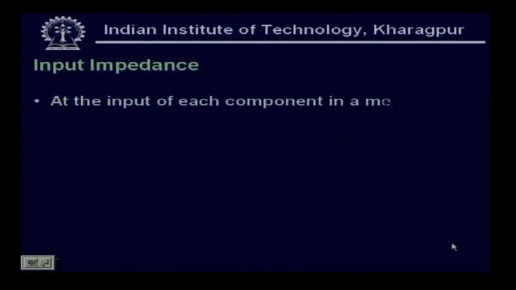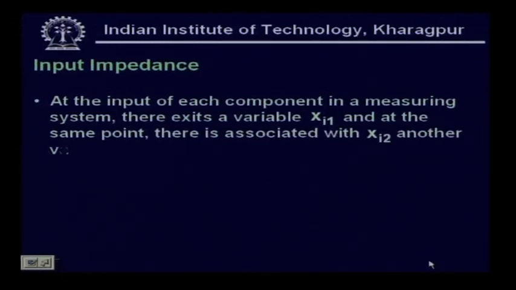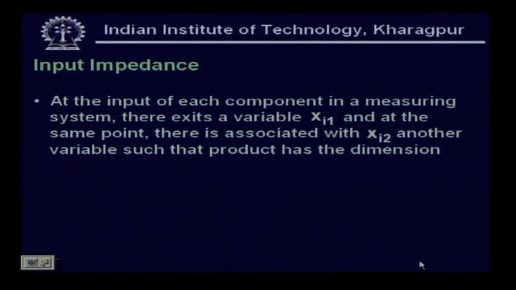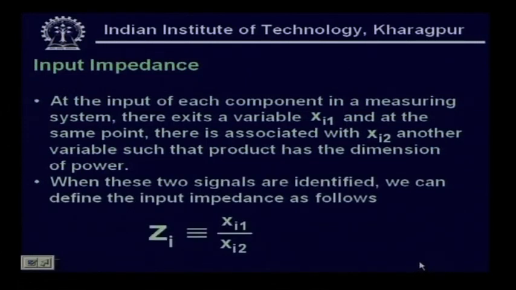Now the input impedance. At the input of each component in a measuring system, there exists a variable xi1, and at the same point there is associated another variable xi2, such that the product has the dimension of power. When these two signals are identified, we can define the input impedance as Zi equal to xi1 upon xi2. This is important because of the power drain.